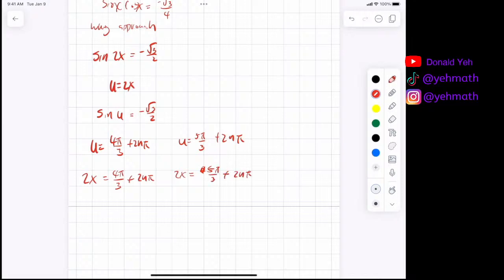Now I'm going to divide by 2, but when I divide by 2, I have to be careful. This one's x equal to 4 pi over 6, right? Am I doing okay? And then plus m pi. Why m pi? Because I also need to divide by 2. x equal to 5 pi over 6 plus m pi.